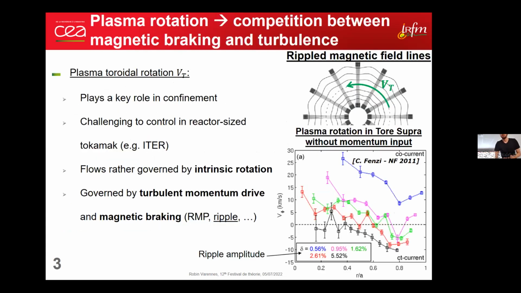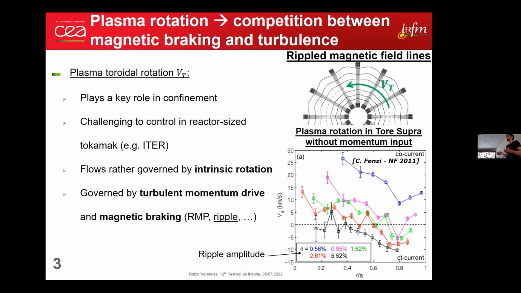We will mainly talk about the toroidal rotation. Why are we interested in it? It is because it plays a key role in the confinement, and confinement is really the key element for fusion. We want to be able to confine heat and particles so we can reach fusion conditions.